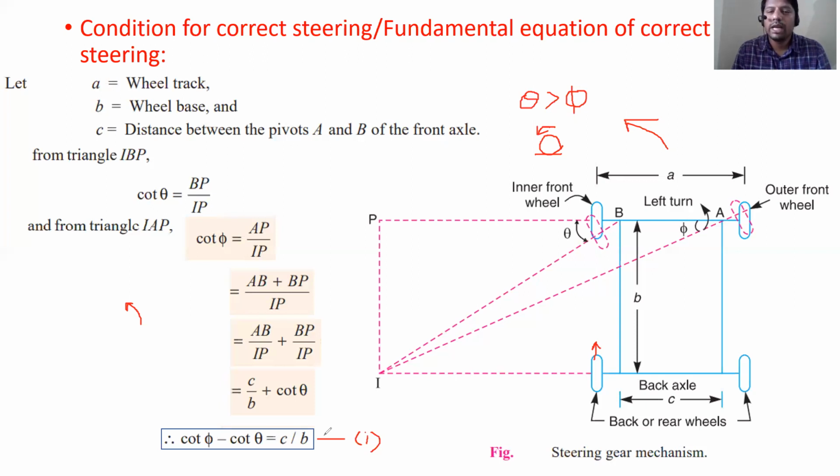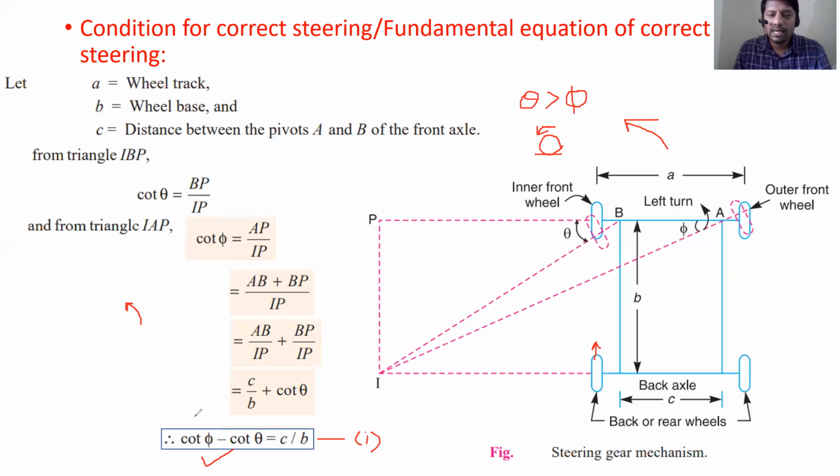Okay, so it depends on how much your turning angle is, and based on that, skidding of the wheel will take place. Got it? So there are some mechanisms which exactly satisfy this condition, that during all turning angles this equation is satisfied.